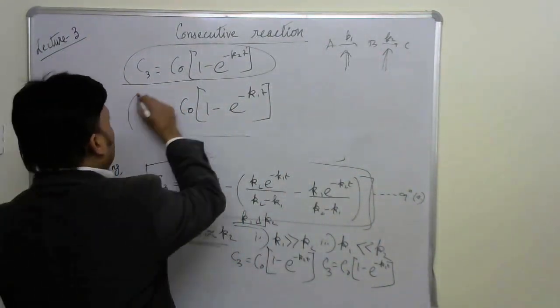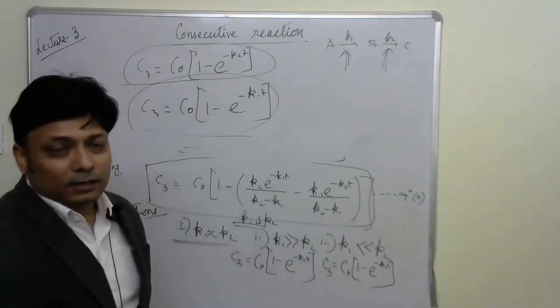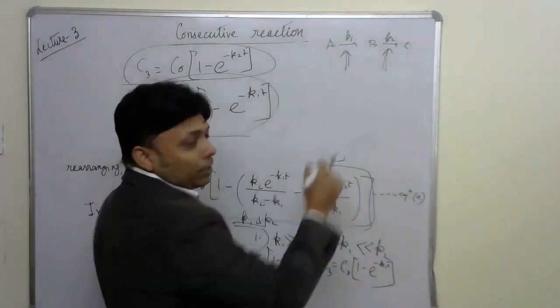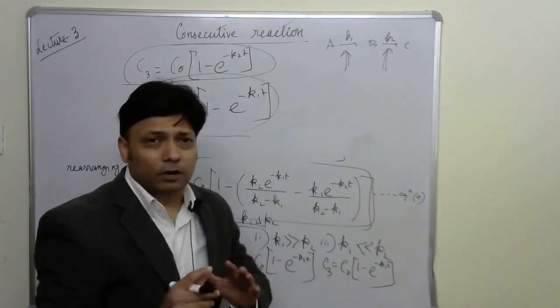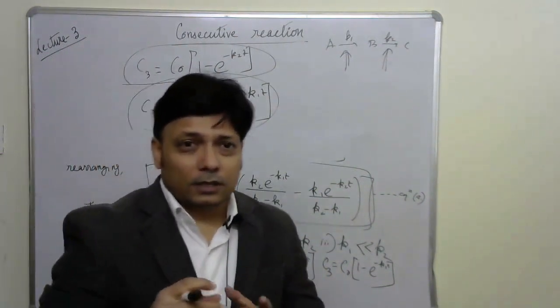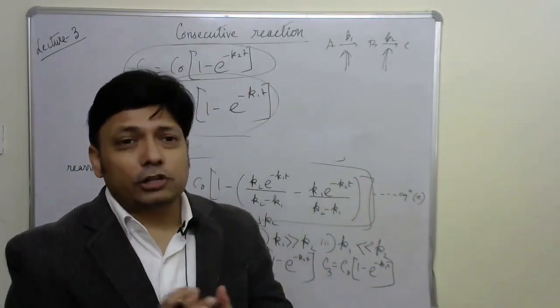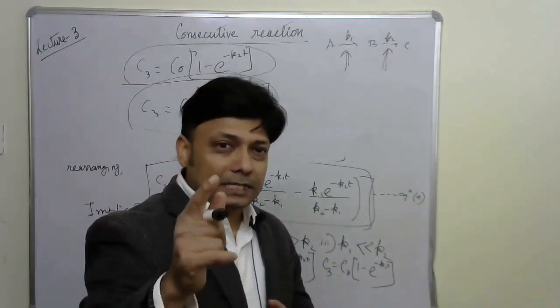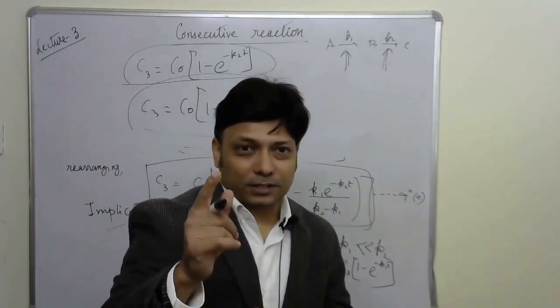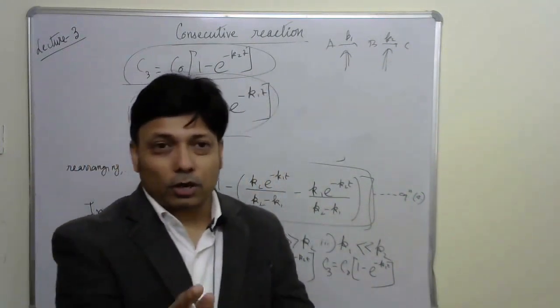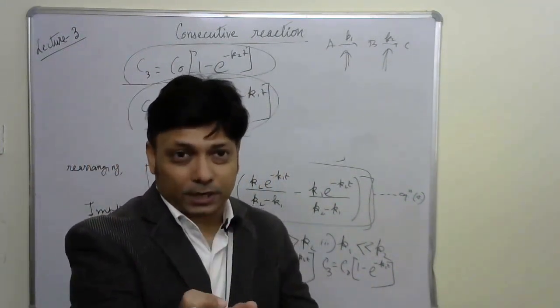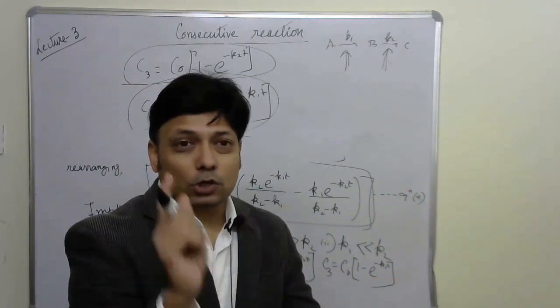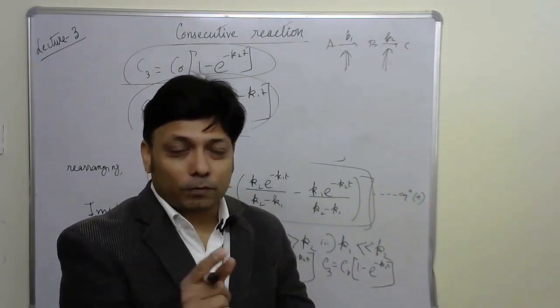So what we learn from this is about a multi-step reaction. Remember, in the very first lecture I told you that if it is not a free radical chain reaction, then for a multi-step reaction the rate determining step is the slowest step, because the molecularity of the slowest step becomes the order of the reaction.